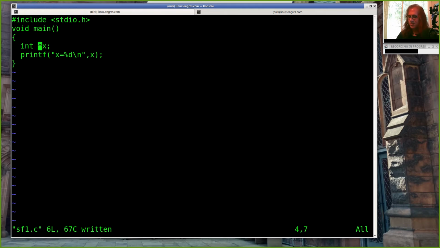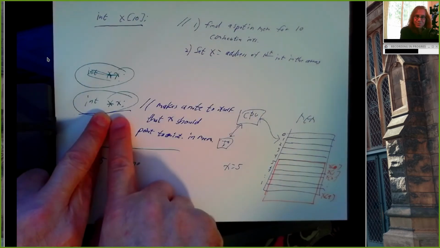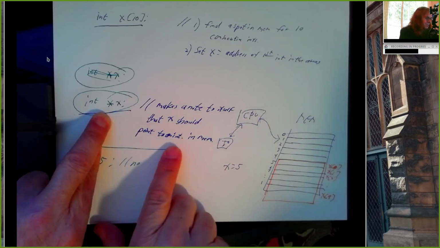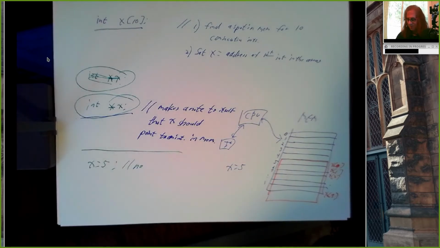But that's fine. I'm making x a pointer, and I've asserted that a pointer is the same thing as an array. So if I say integer star x, it's basically saying x should point to an integer in memory. It should point to something like the beginning of an array.